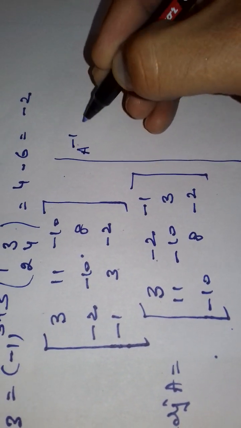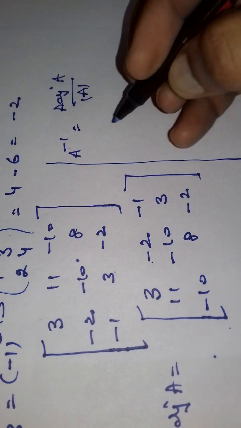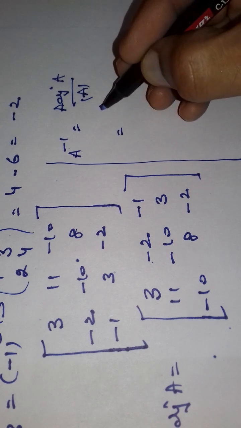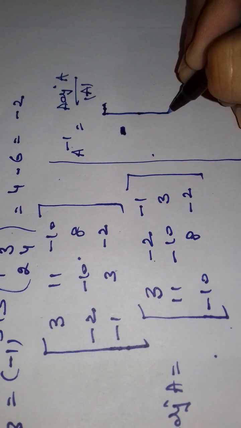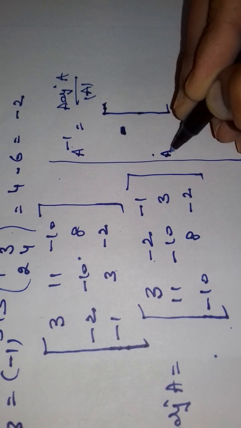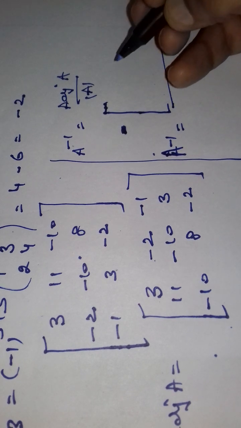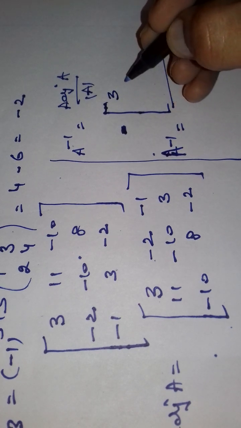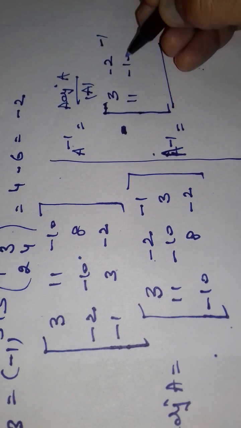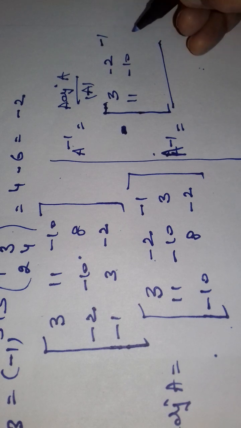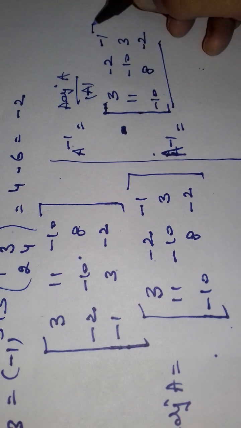A inverse equals adjoint of A divided by determinant of A. Let's put the value of adjoint of A: 3 minus 2 minus 1, 11 minus 10 and 3, minus 10 8 and minus 2.